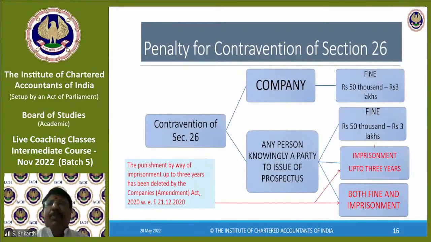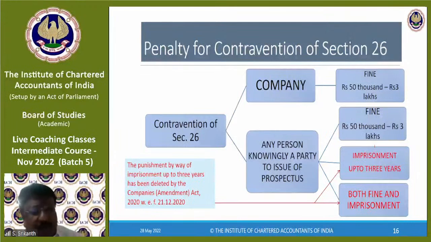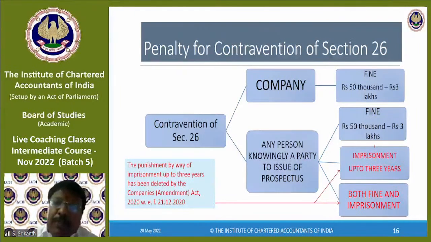So the company has to pay a fine of 50,000 rupees up to 3 lakhs. Any person knowingly a party to the issue of the prospectus, this could be anybody, the promoter, director, proposed director, expert, any person knowingly a party to issue a prospectus, fine of 50,000 rupees up to 3 lakhs.